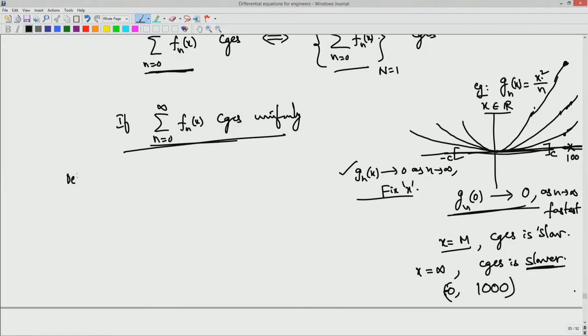The mathematical definition of this convergence is that there exists some big number n that depends on both the value of x and epsilon.